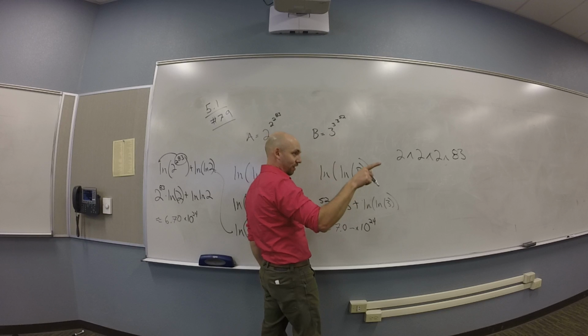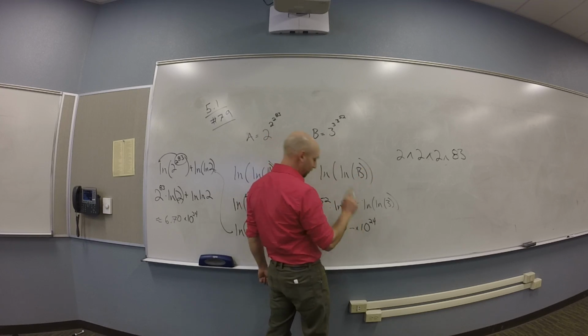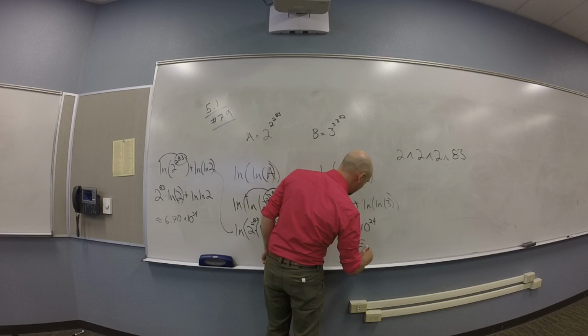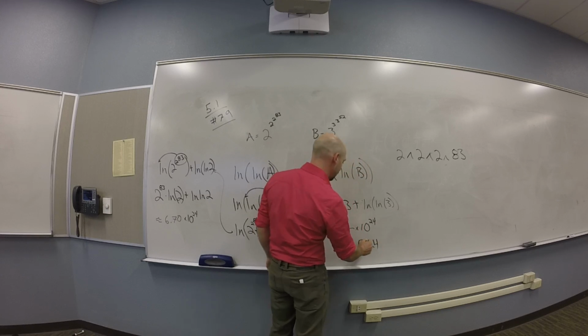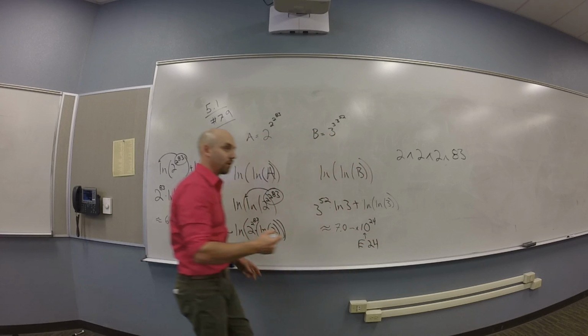That's a capital E in there, right? Yeah, when the calculator puts capital E 24, what they mean is times 10 to the 24.